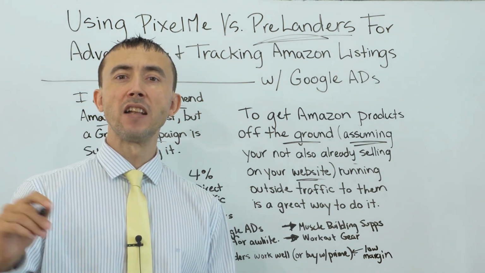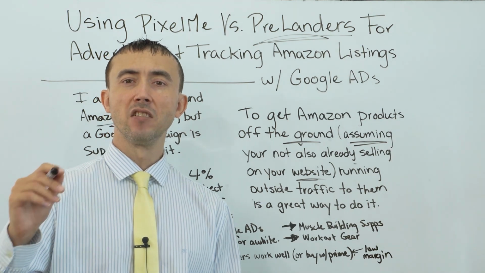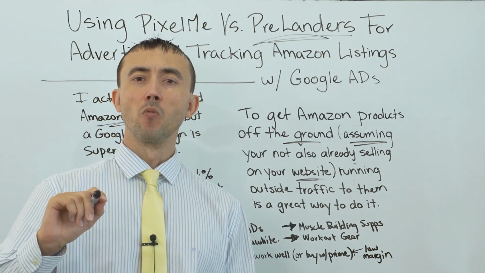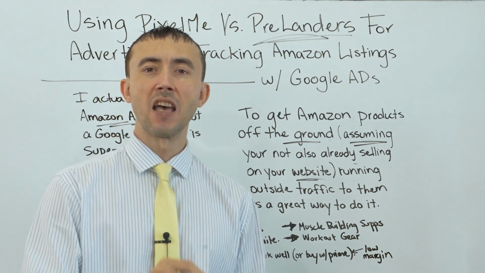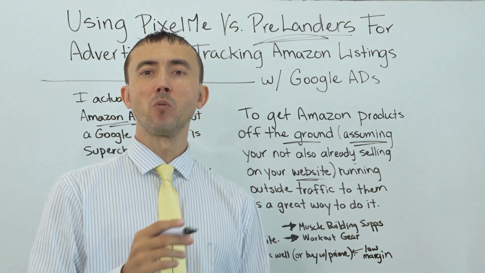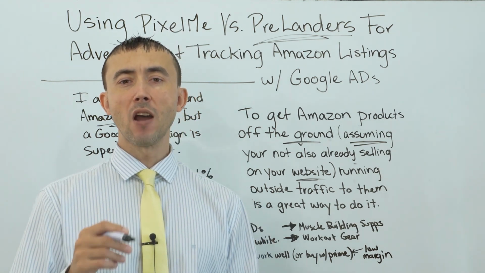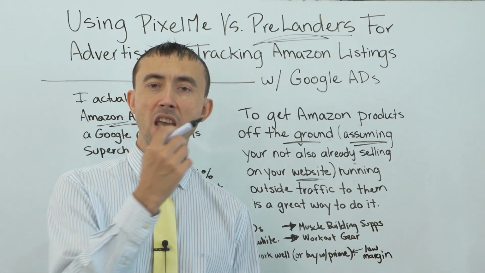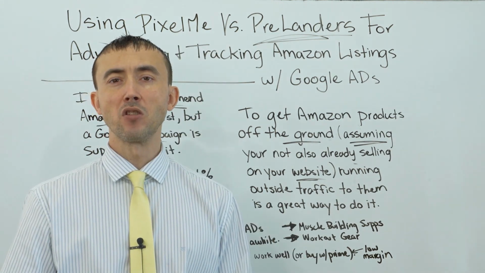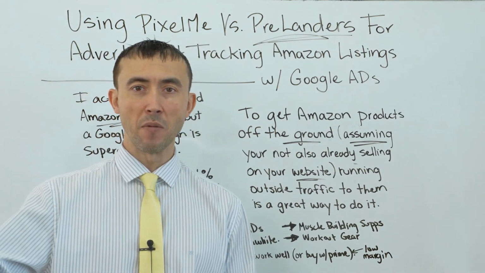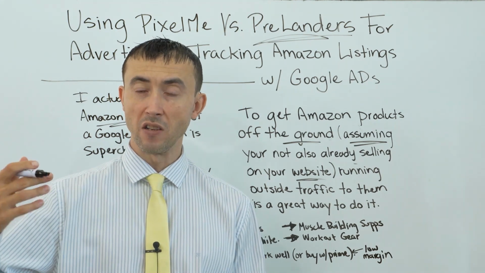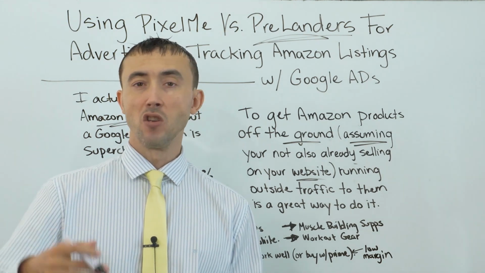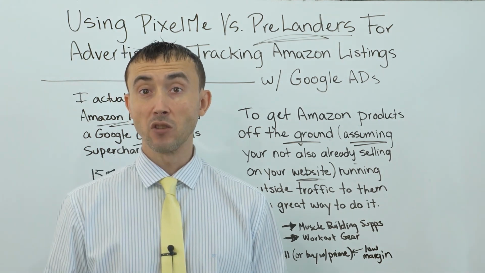Before you run Google ads to your Amazon listings, run an Amazon ads campaign itself. Why? Because that traffic will generally convert better. Traffic that's already on Amazon is more likely to buy on Amazon than somebody you convinced to go to Amazon. You already know they're okay with shopping on Amazon, they've got an account there, and so forth.